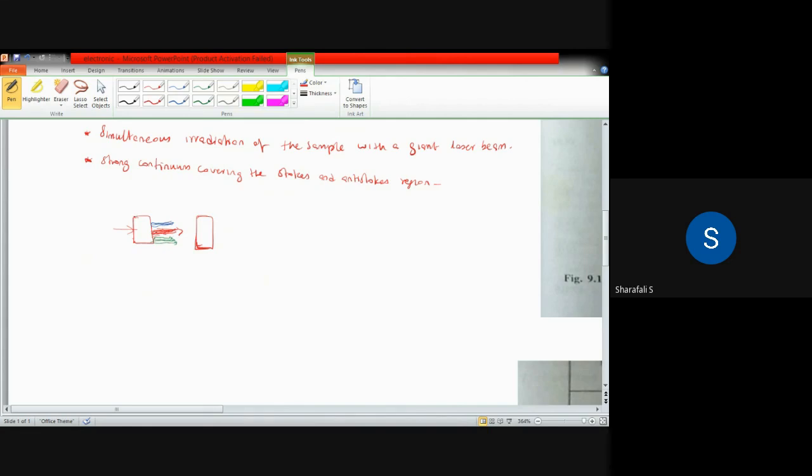That's the first condition, and the second condition is a strong continuum which covers all of this Stokes and anti-Stokes region. So we should be able to see these Stokes and anti-Stokes lines in that particular range of frequencies, to have a view inside the sample where you can observe inverse Raman scattering.